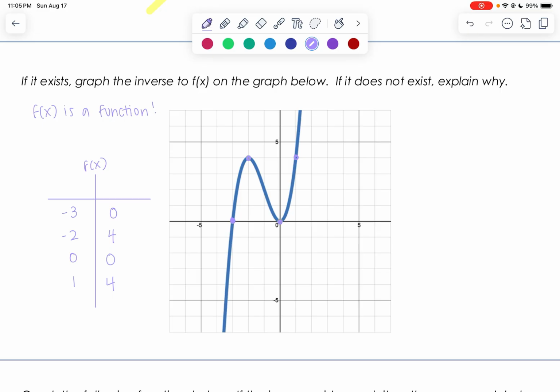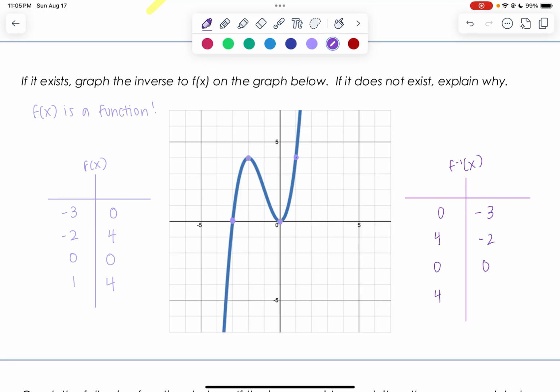But if I were going to take those points for my inverse, now I have 0, -3, 4, -2, 0, 0, and then I have 4, 1. You'll notice that the inverse is not a function.